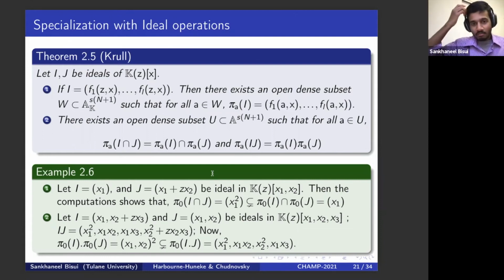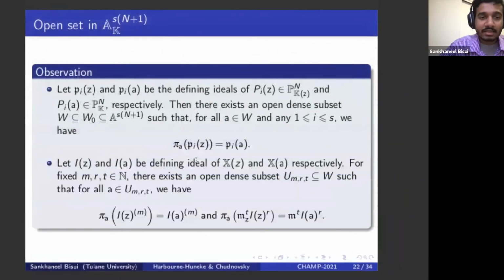Now, why are we studying this open set and the specialization? The missing link is given here. Suppose P(Z) is the ideal of the generic points, and P(A) is the ideal of the points A inside the smaller projective plane.